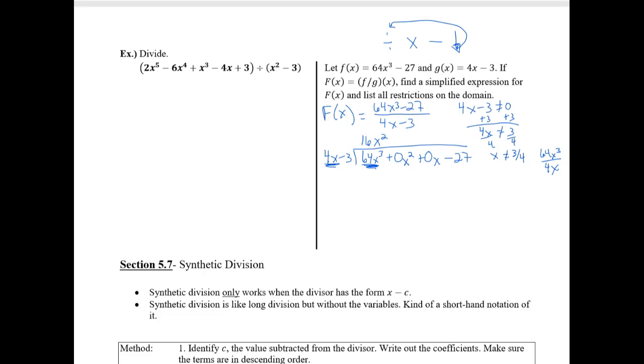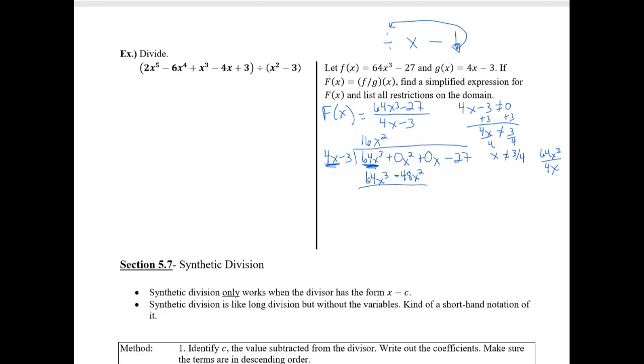So I've divided. Now I need to multiply. 16x squared times 4x is 64x cubed. And 16x squared times negative 3 is negative 48x squared. Do you see why we needed this placeholder? Because I'm going to multiply and get an x squared here, so I need somewhere to put that x squared with a like term.